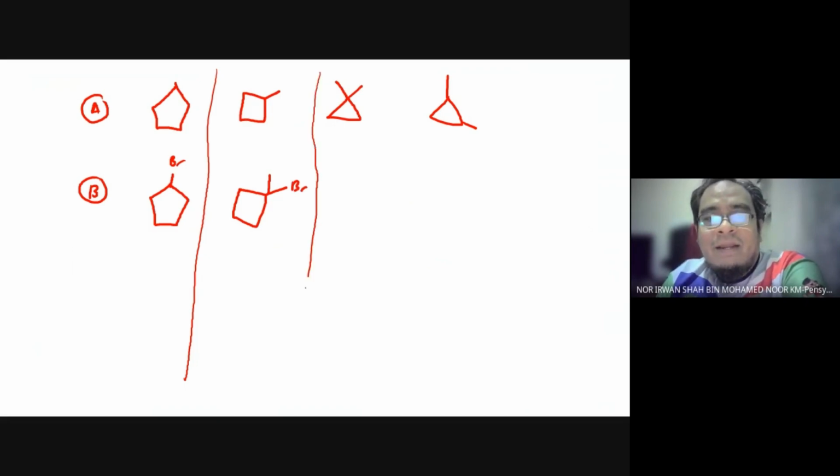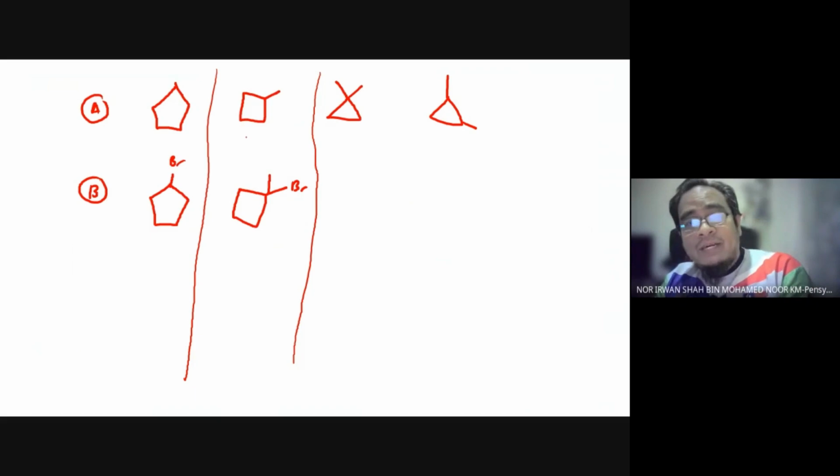Nampak tak? Kenapa dia ganti H dekat tertiary carbon? Sebab dalam halogenation, especially free radical, bila dia membentuk radical, dia akan membentuk tertiary radical yang lebih stable berbanding dengan secondary ataupun primary. Jadi kita akan dapat this haloalkane.